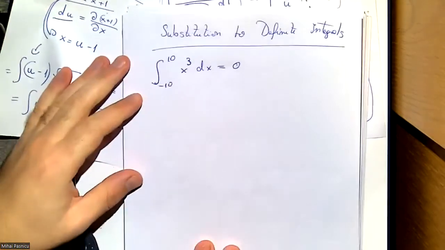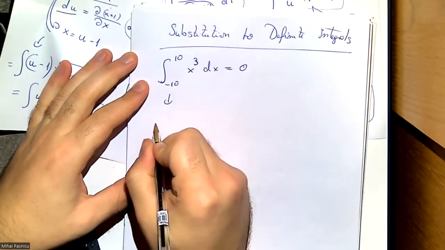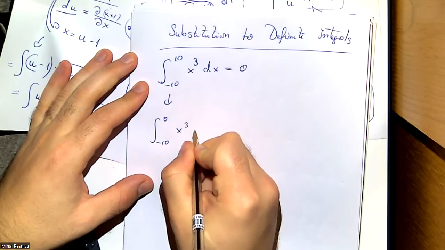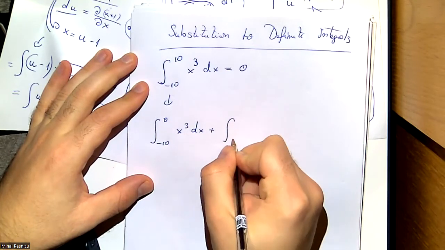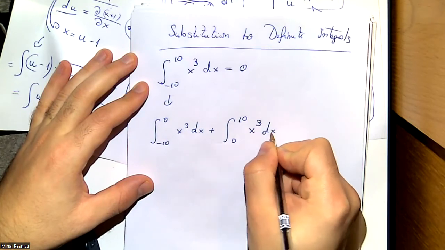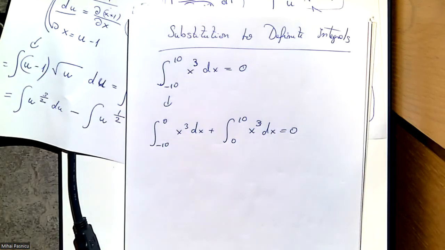Here, using my trick, I'm going to split this into the integral from -10 to 0 of x to the third dx plus the integral from 0 to 10 of x to the third dx is equal to 0. Okay?